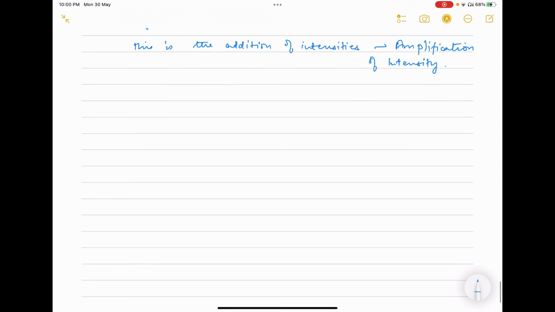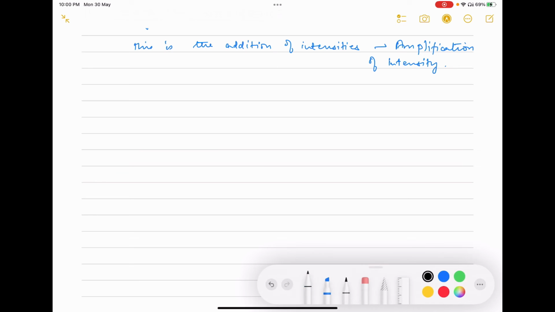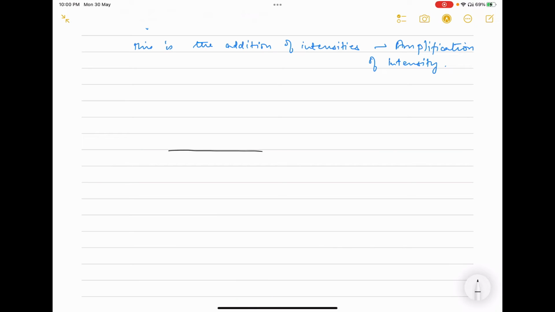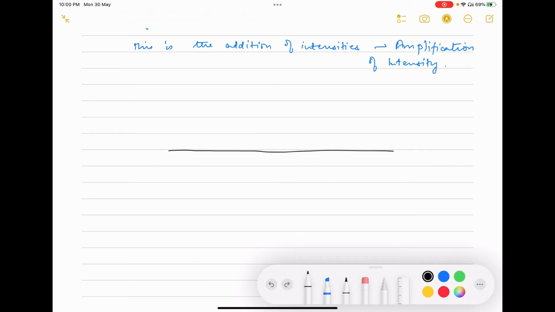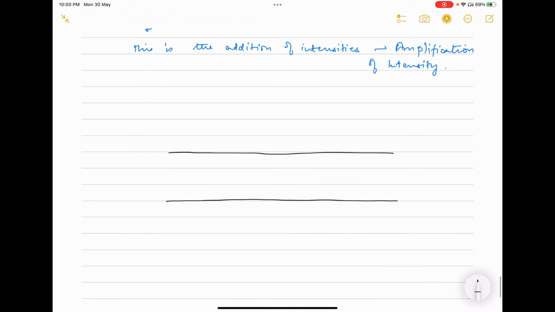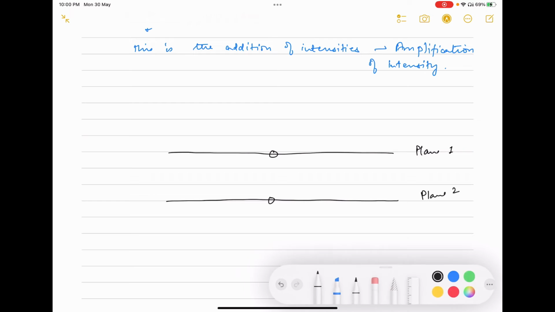Here we see how waves are scattered from two successive planes. Suppose we have two planes. This is plane 1 and this is plane 2, and incoming waves are scattered from these planes. So suppose this is the middle section.